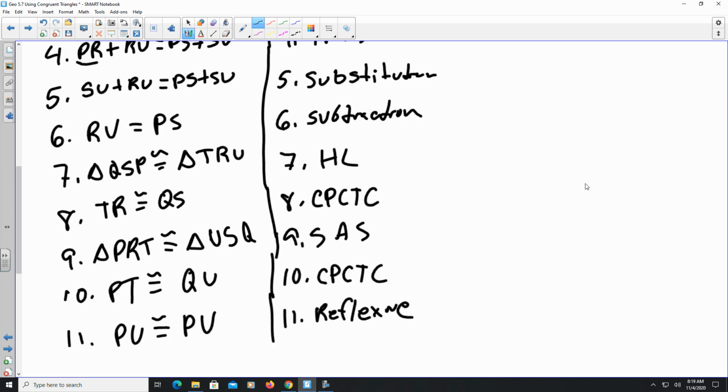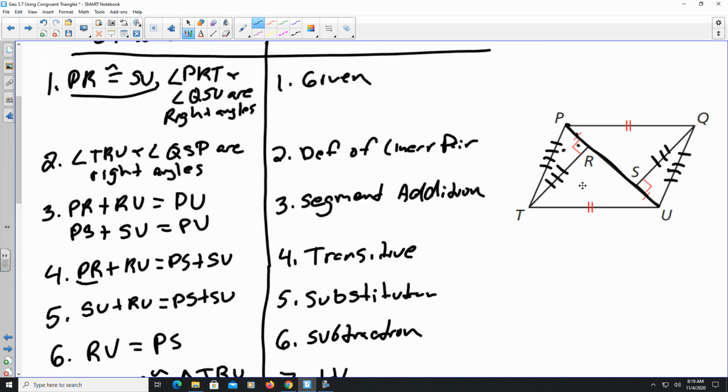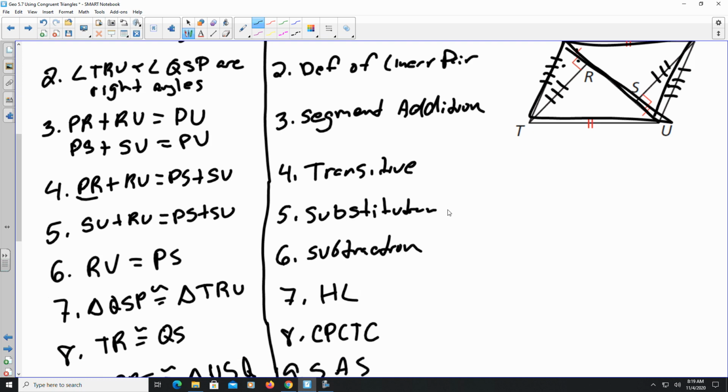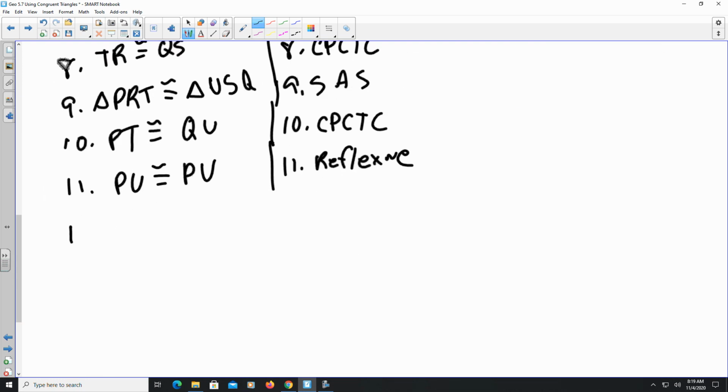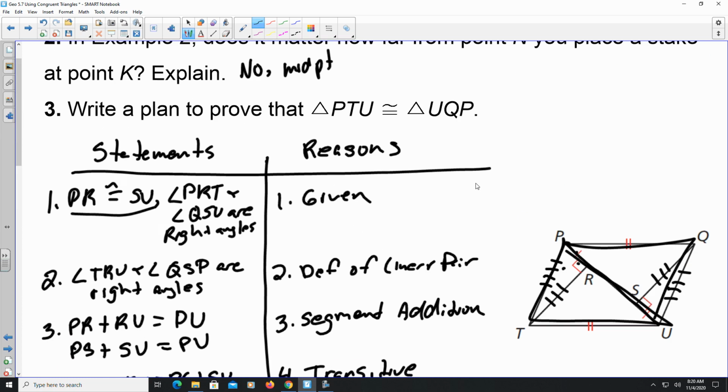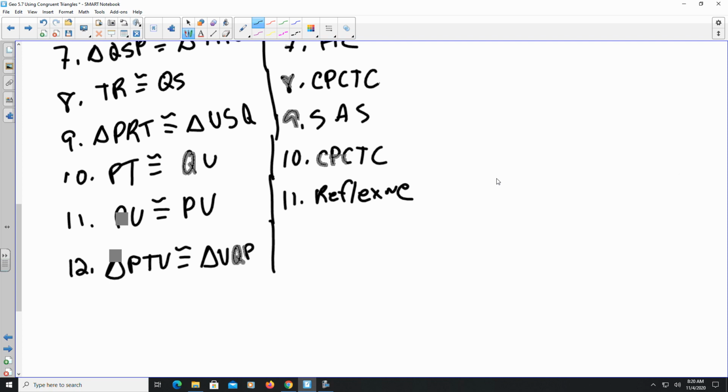And now finally, I have all three congruent sides for this triangle here and this triangle here. So now we can finally say, after 12 steps, that triangle PTU is congruent to triangle UQP, because of side, side, side.